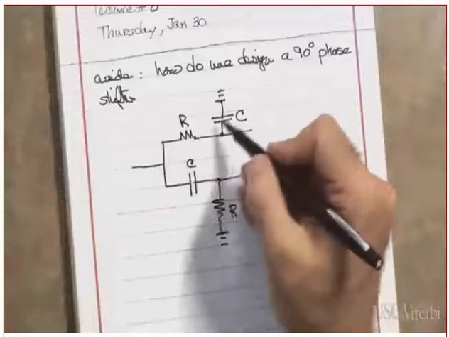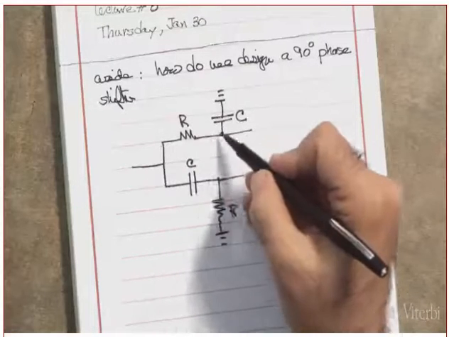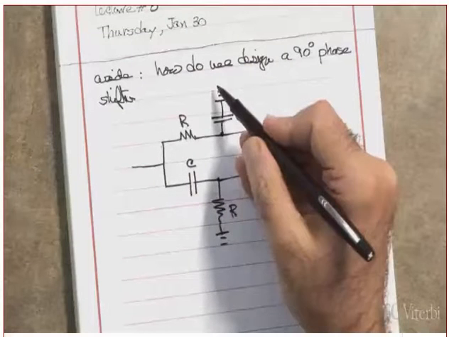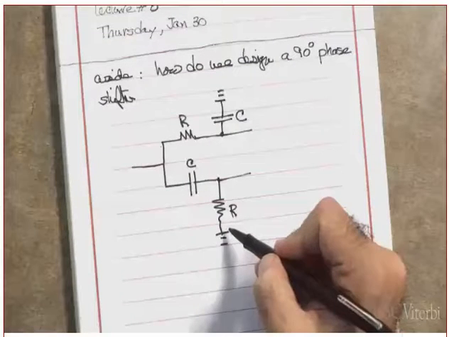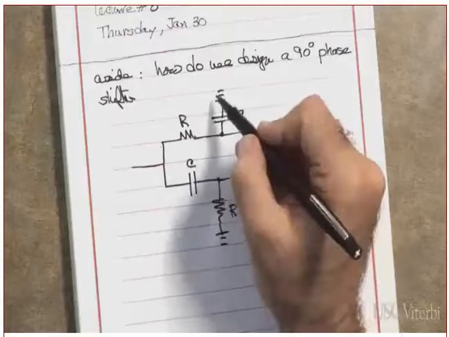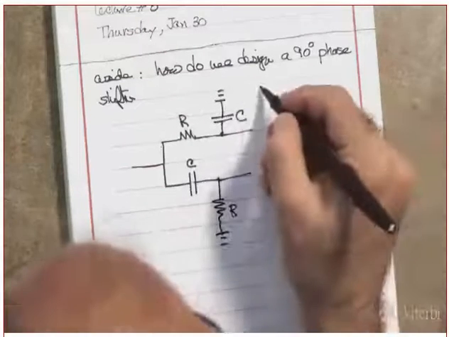I want you to see this circuit. This is the input. Yes? Tell me what this circuit is. That's a low-pass filter. You agree? What is this? High-pass filter. Yes or no? Let's take one of them so that you understand what I'm talking about.